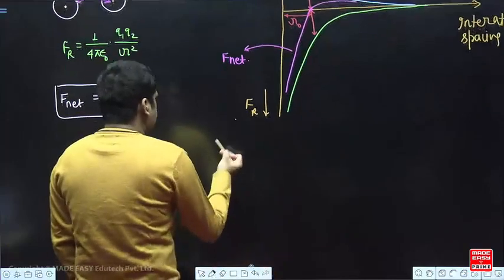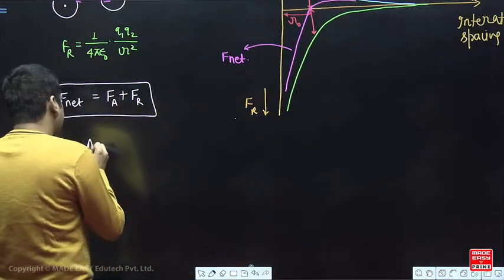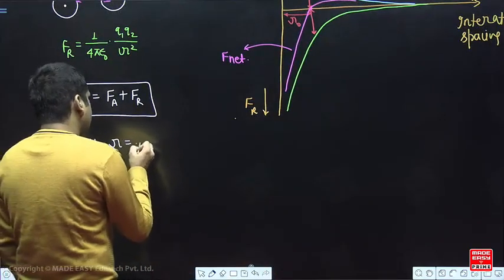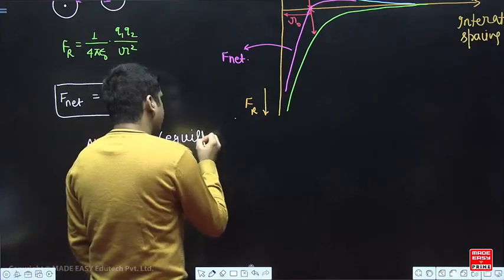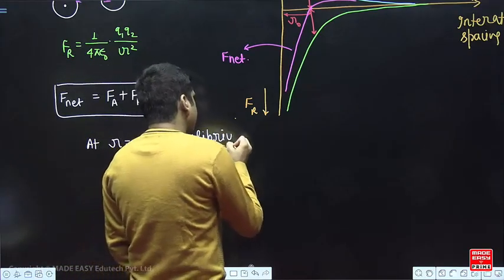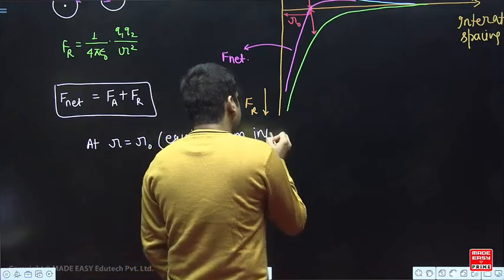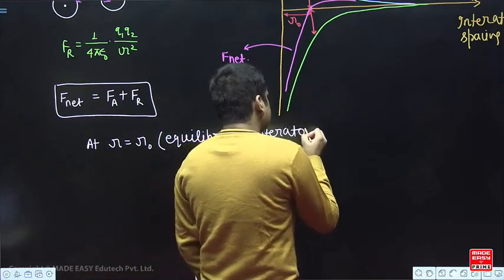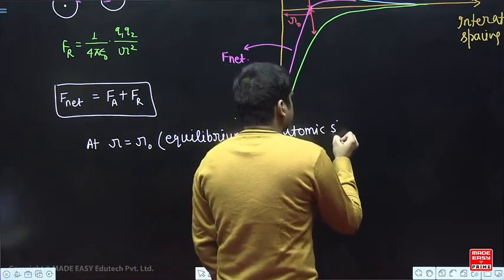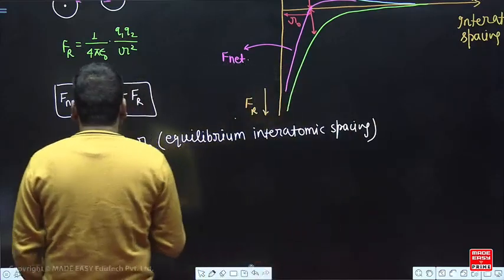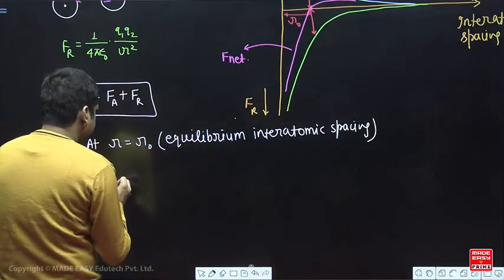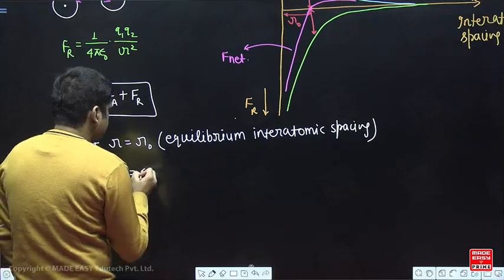So, at r is equal to r naught, equilibrium interatomic spacing, F net is equal to 0.